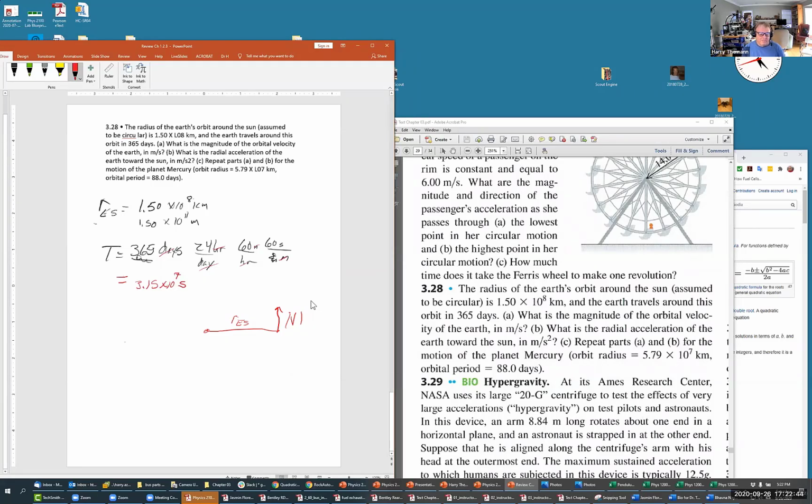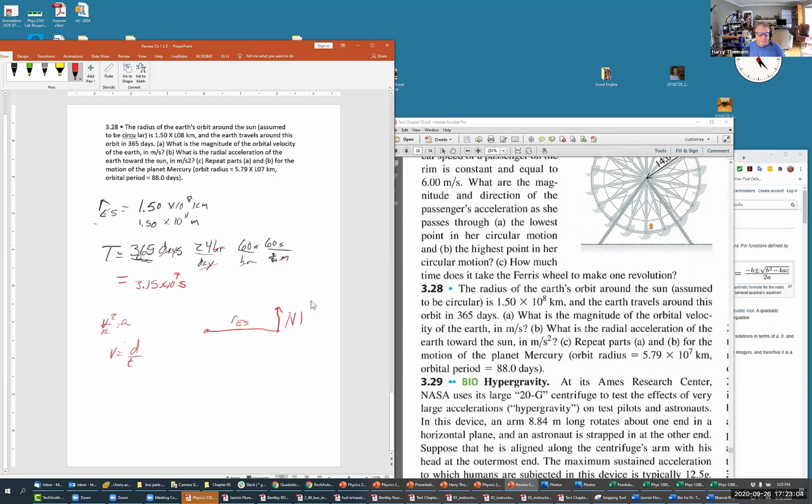I don't think you actually need to use v squared over R, because speed equals distance over time.